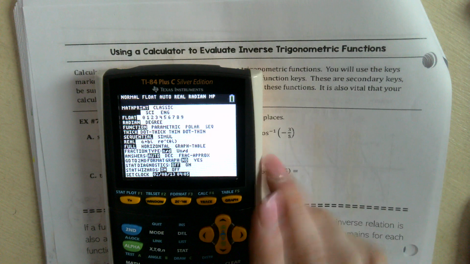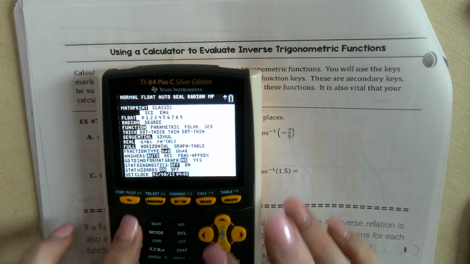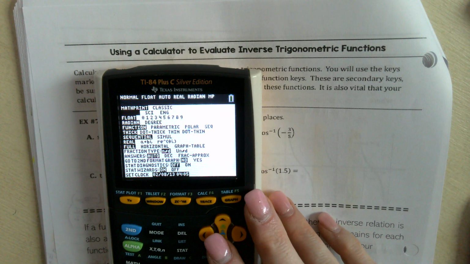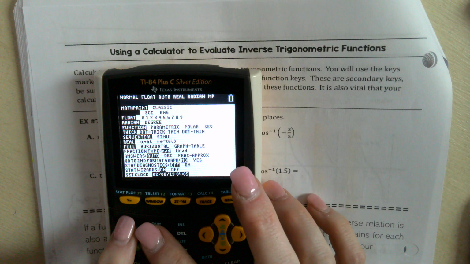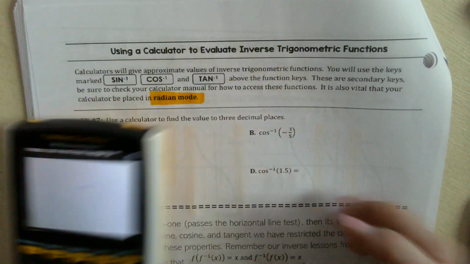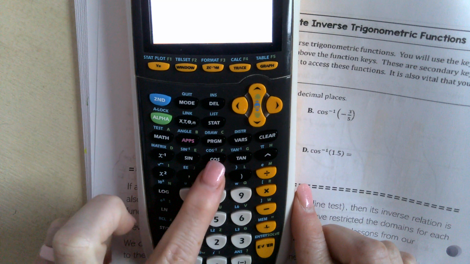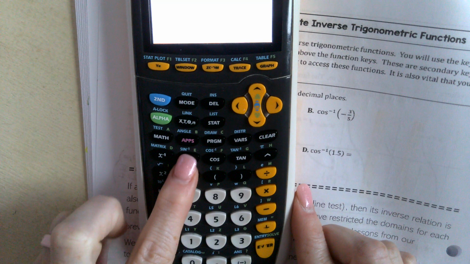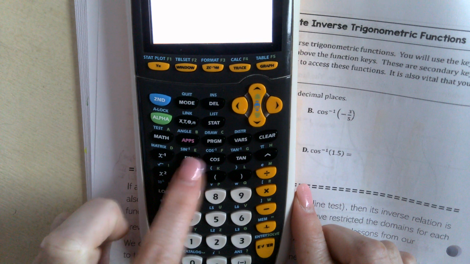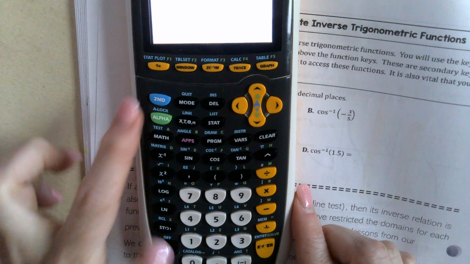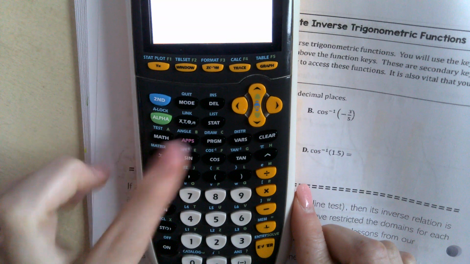That's so difficult, isn't it? Okay? All right, now, this is already in radian mode, so I'm going to get out of this, second quit, okay? On the calculator, we have sine, cosine, and tangent. And right above that, in the blue letters, is sine inverse, cosine inverse, tangent inverse. To get those, you just hit second.